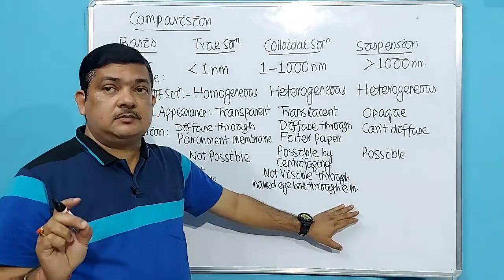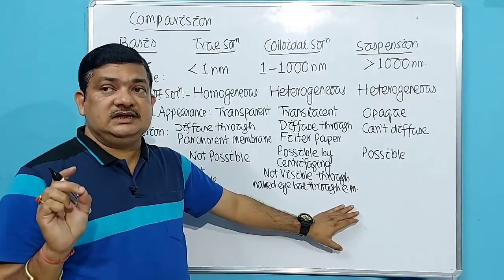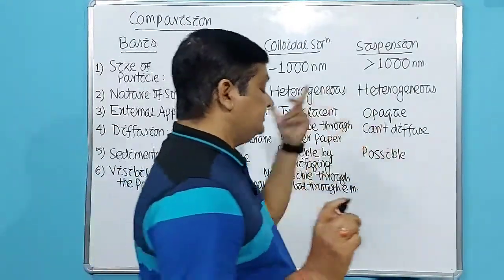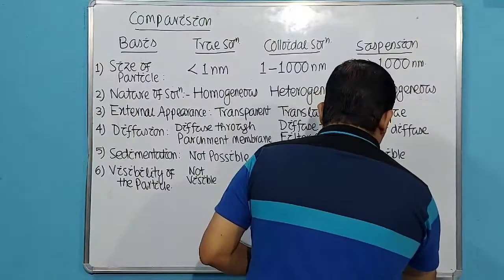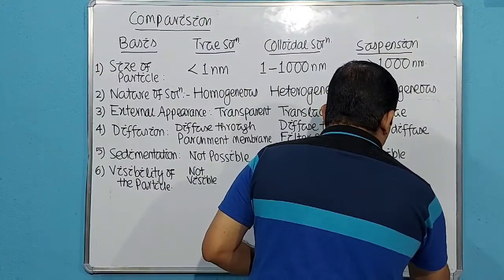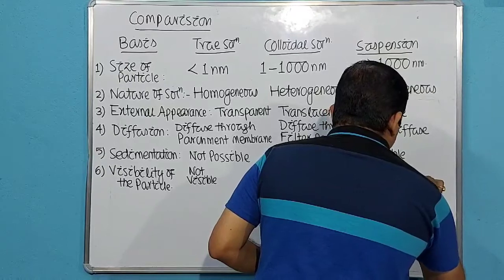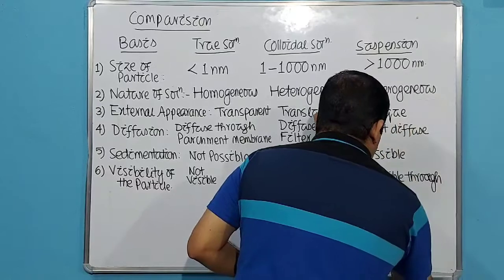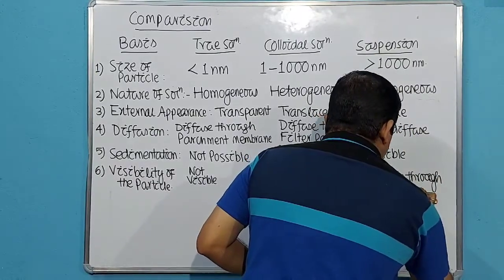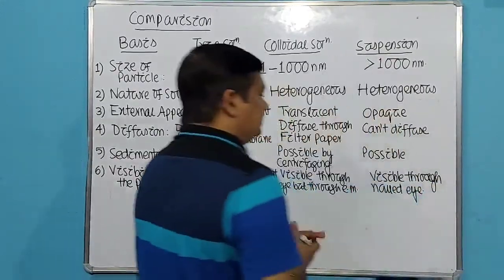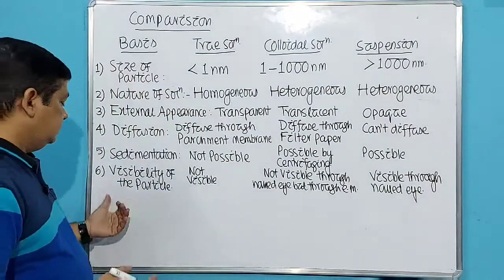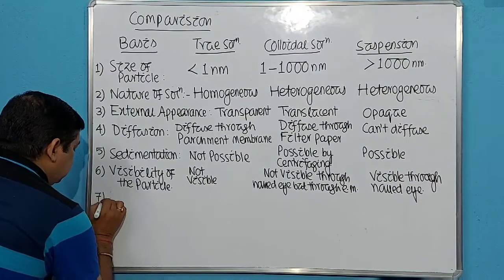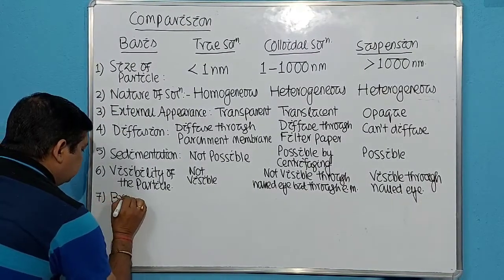That means by using an electron microscope, you can see the solid particles in the case of colloidal solution, but not through your naked eye. Then in suspension, it is quite visible through naked eye. It is visible to naked eye. Okay. So next we will go for Brownian motion.